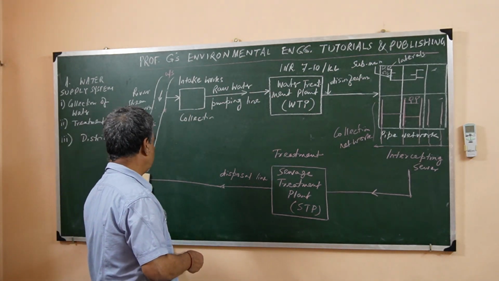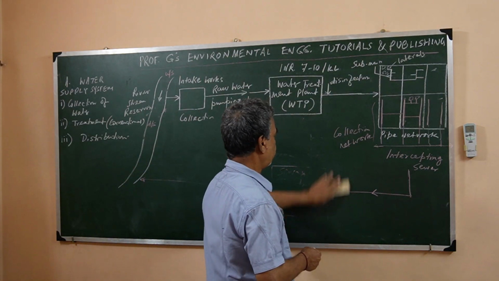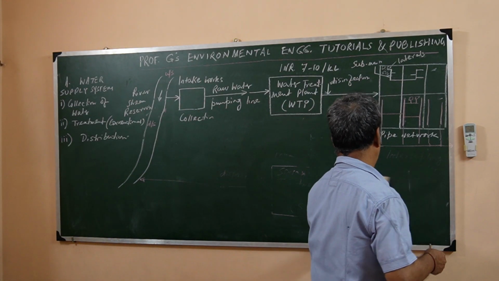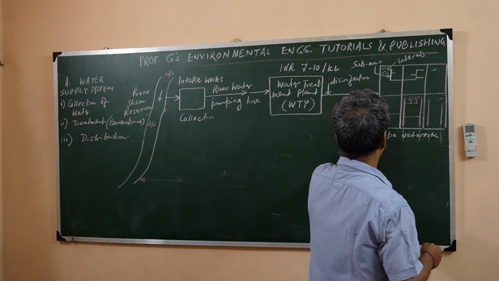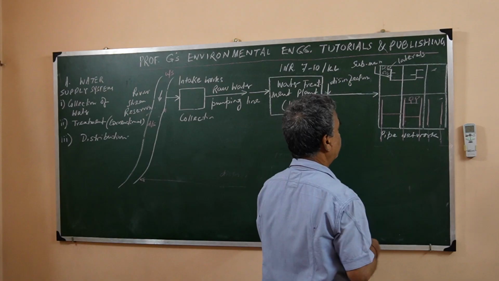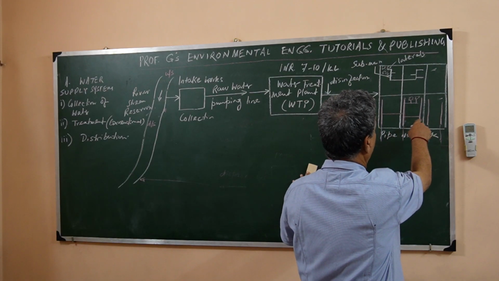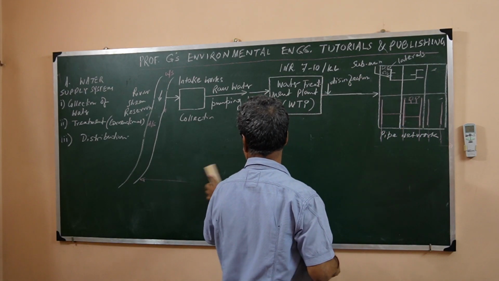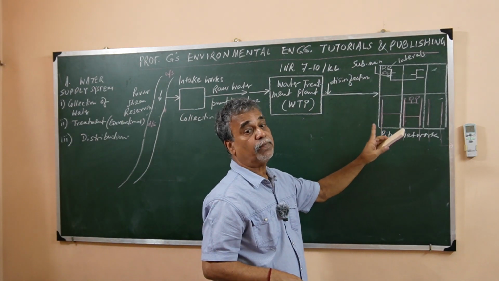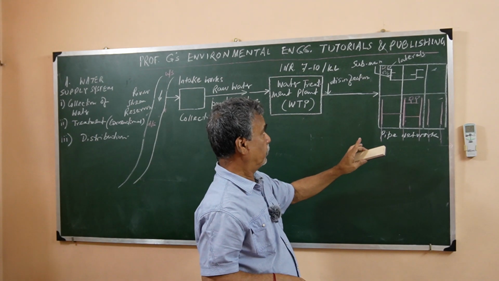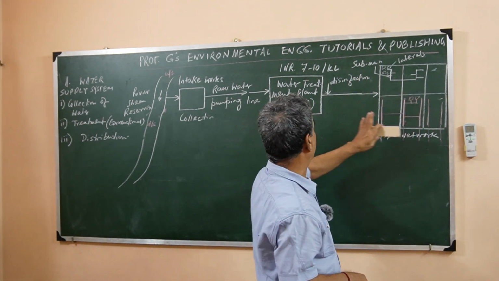This we will discuss later. Please ignore the pink color, because we discussed it in session 2 and it was related to the sewerage system. Here this is the water supply system.